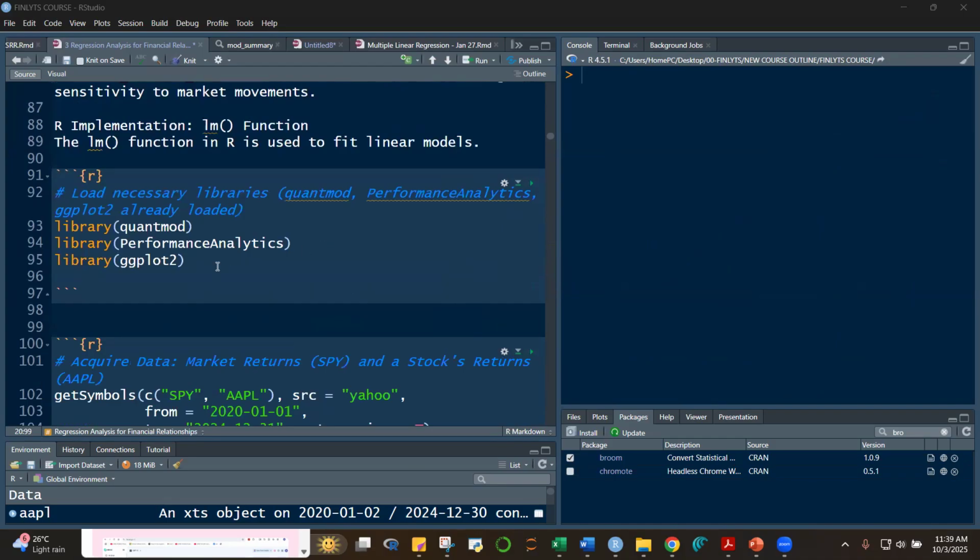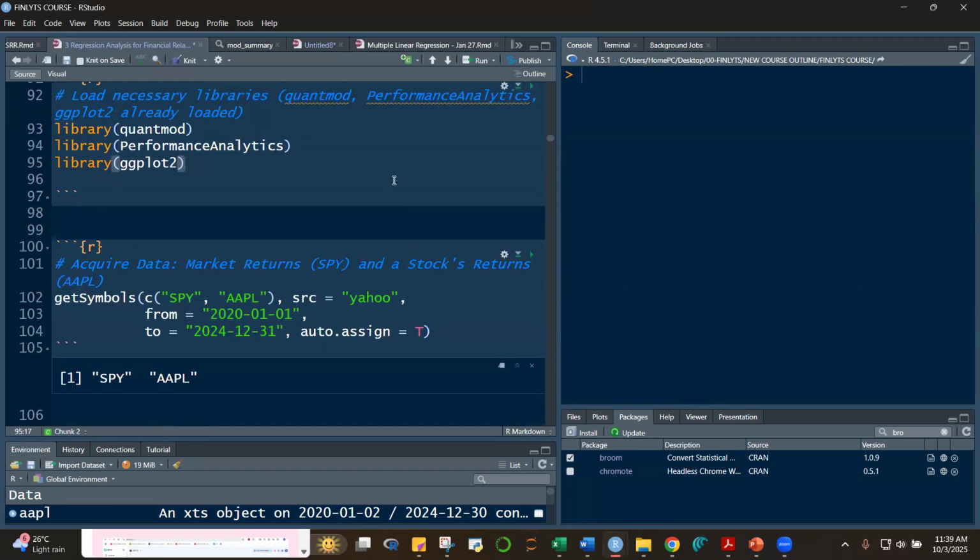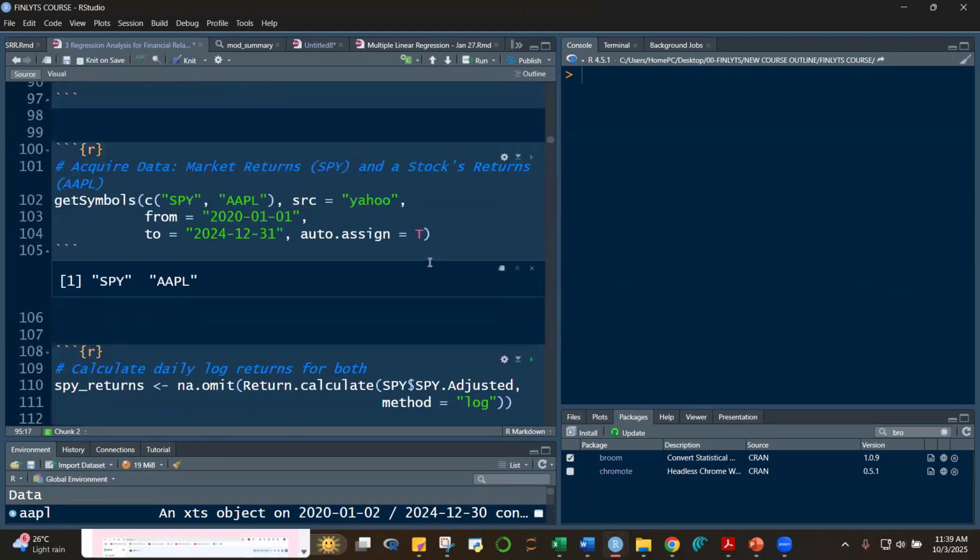So quickly now, class, make sure that your packages are loaded: quantmod, PerformanceAnalytics, and ggplot. We have been exposed to this before, so no problem. I guess that our first topic was returns, risks and returns, univariate, single, and also multivariate portfolio.